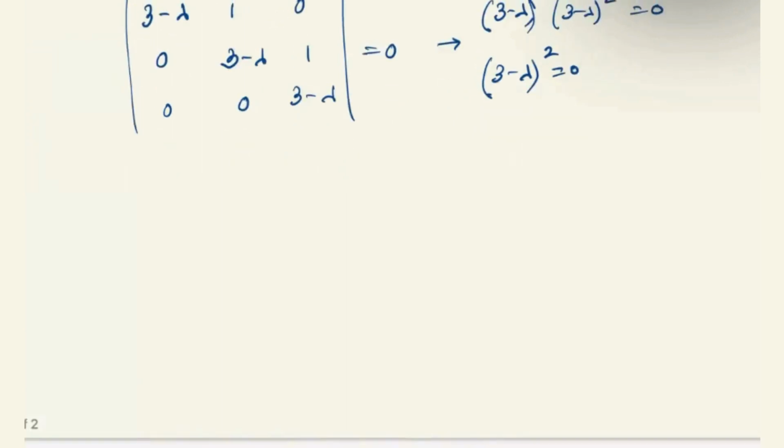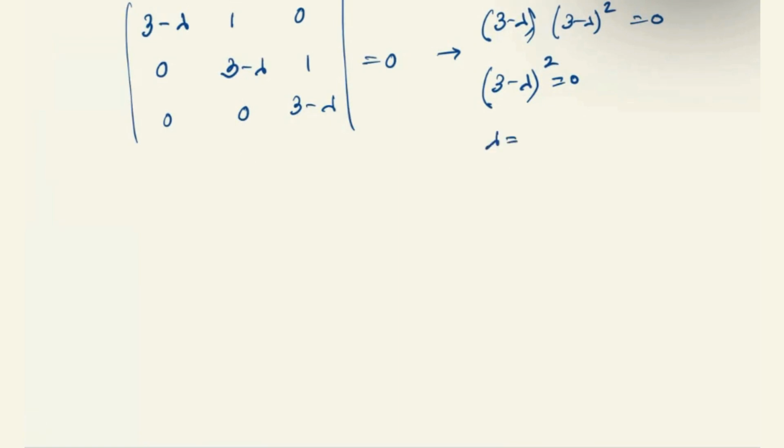So 3 minus lambda whole cube equals 0. So lambda will be 3, 3, and 3, because cube, so 3 times.